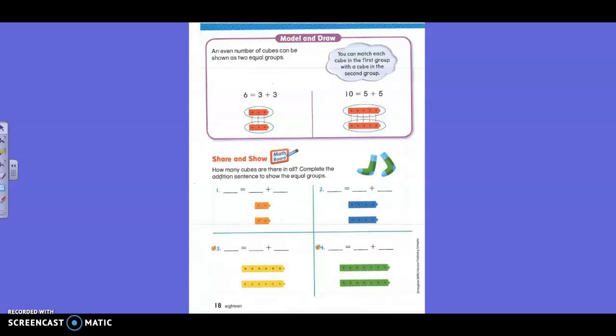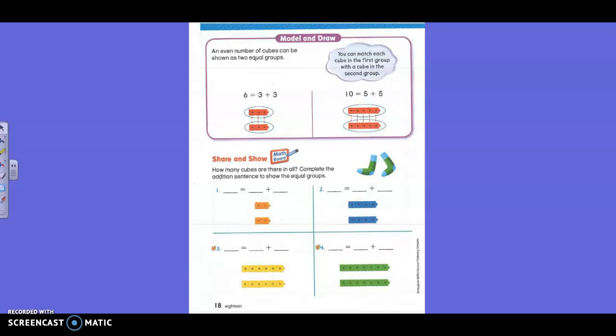An even number of cubes can be shown as two equal groups. So if you have 3 cubes on top and 3 cubes on bottom, you have 2 equal groups. This is a group of 3 and this is a group of 3. They are equal, okay? They have the exact same amount, right?